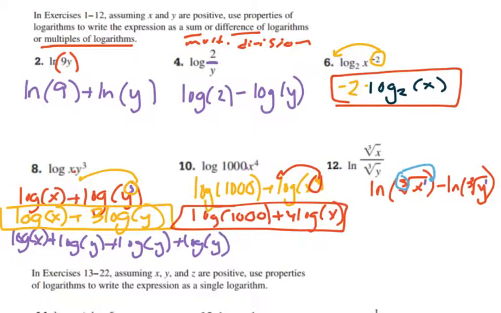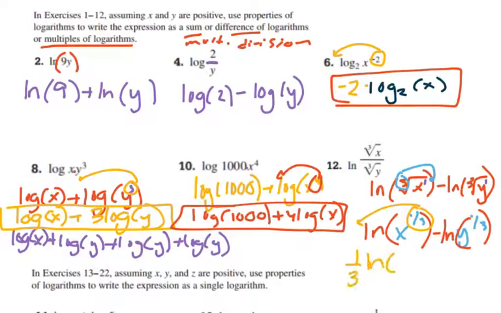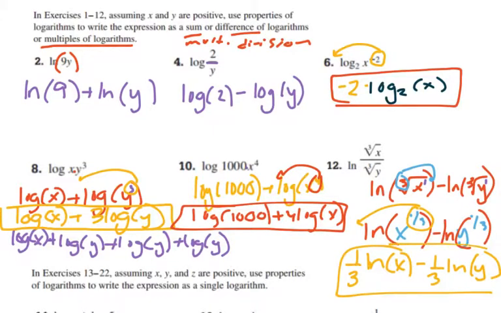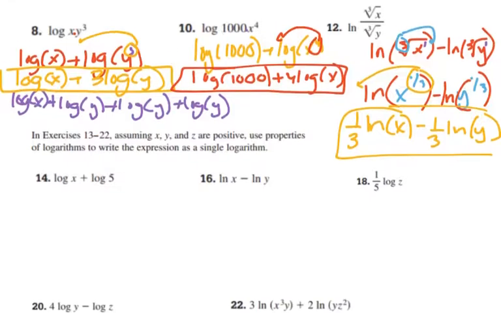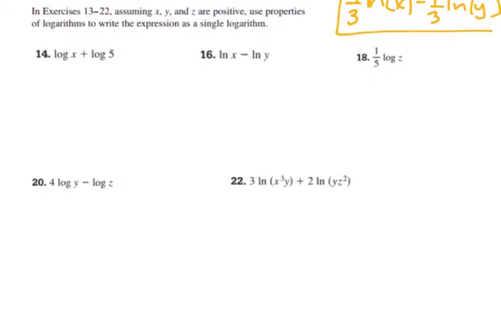So this is actually x to the 1/3 and y to the 1/3, and then the natural logs of those. And then, of course, since the 1/3 is a power, it can come out front. So we'll have 1/3 natural log of x minus 1/3 natural log of y. So just a little bit of practice on rearranging those.